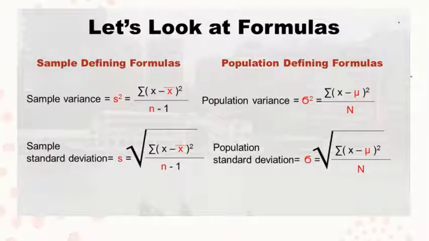Okay, so remember I said that I was going to show you the differences between using the sample defining formulas for sample variance and standard deviation, and the population defining formulas for population variance and population standard deviation. So let's just look at this really quick and compare and contrast the differences. There are some tiny little differences here and there.